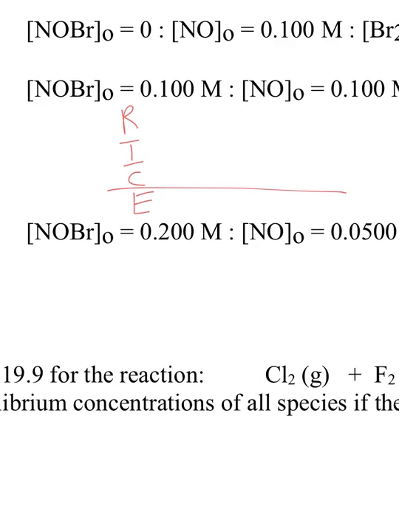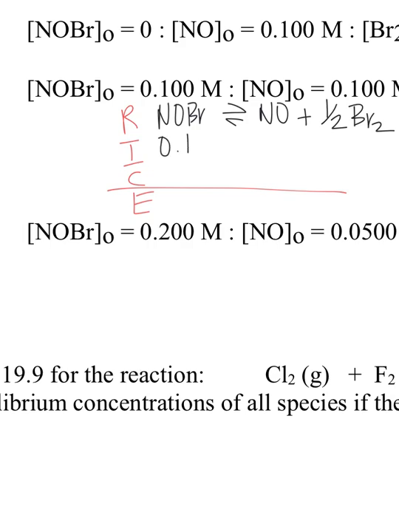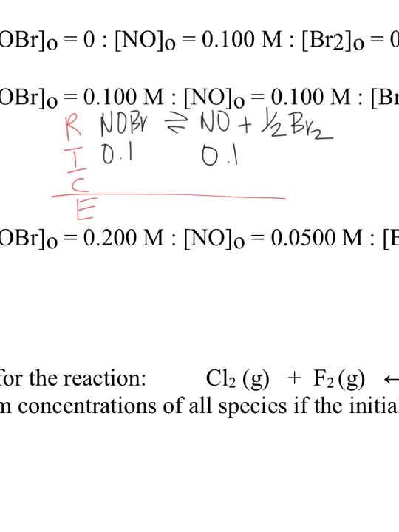Alright, so I'm going to rewrite this reaction. So I've got NOBr, double arrow, NO plus 1/2 Br2. Alright, I do know my initial concentrations because they told me. Everything is the same.